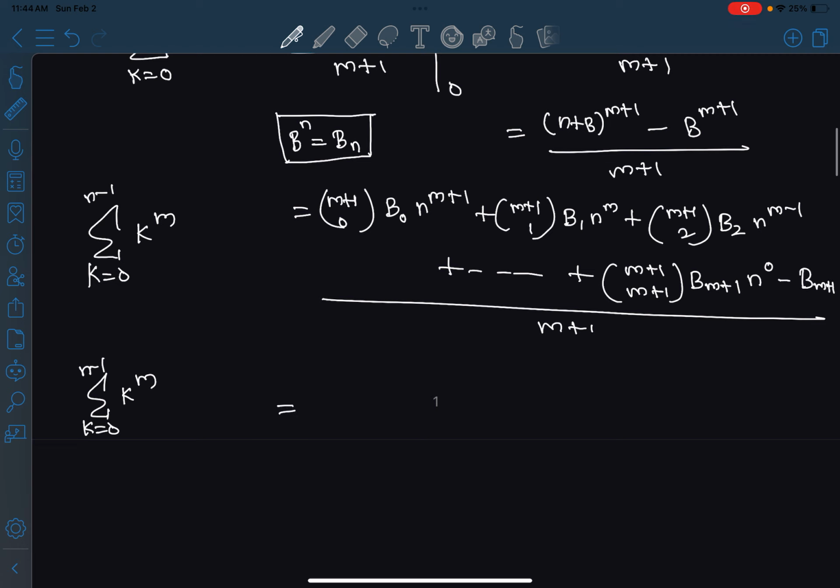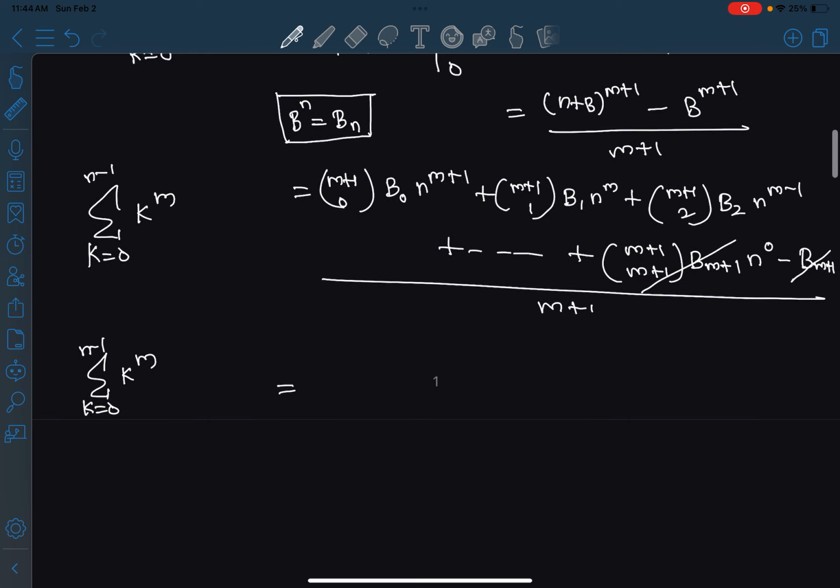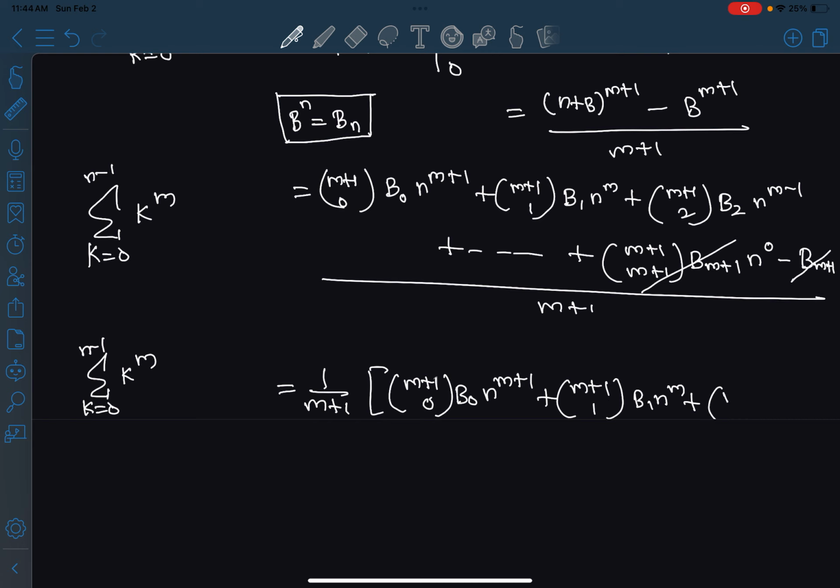Now, yeah, notice that m plus 1 choose m plus 1 is just 1. So this n to the power 0 is just 1. So these last two terms basically cancel out. And so we have 1 by m plus 1, right? And then m plus 1 choose 0, b sub 0, n to the power m plus 1, plus m plus 1 choose 1, b sub 1, n to the power m, plus m plus 1 choose 2, b sub 2, n to the power m minus 1.